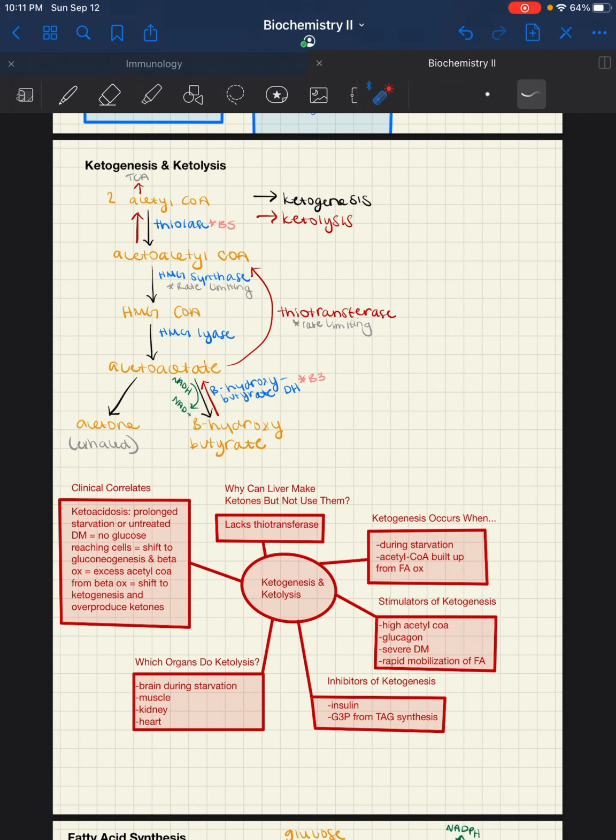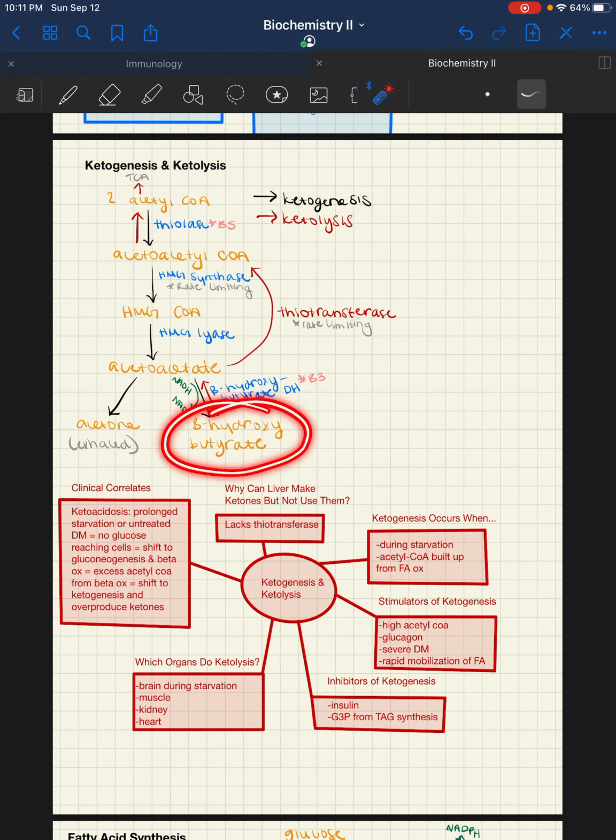So we're starting here with beta-hydroxybutyrate. Beta-hydroxybutyrate dehydrogenase, the full name, using B3, turns beta-hydroxybutyrate into acetoacetate. These steps right here are not involved, so ignore these. Ignore this for ketolysis.